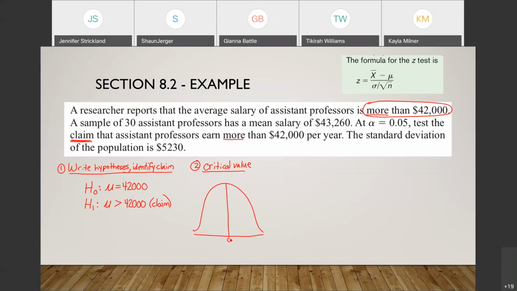So we said on Monday that the easiest way to decide how to shade was to look at the H1. So if the H1 has a greater than, that would tell me to shade on the right. So I'm going to section off a piece of the tail of the curve and shade it in. So if the H1 has a greater than, that means shade on the right.